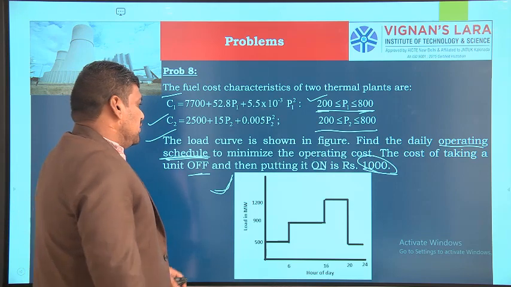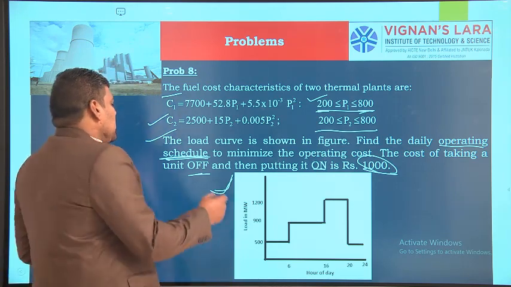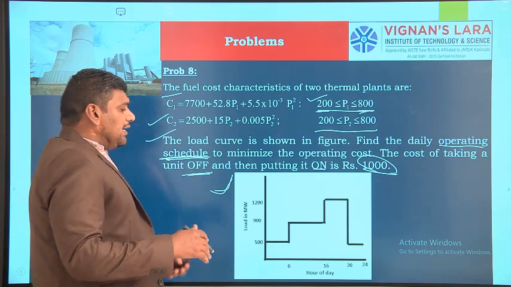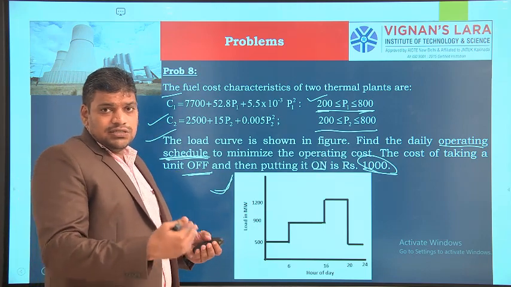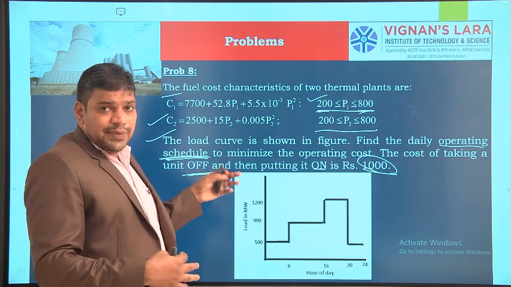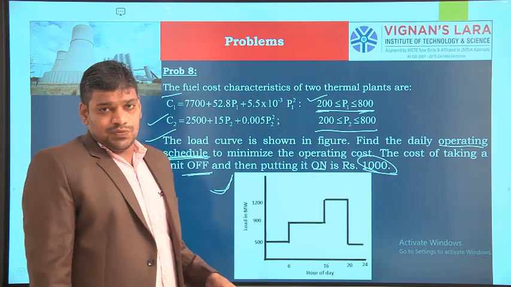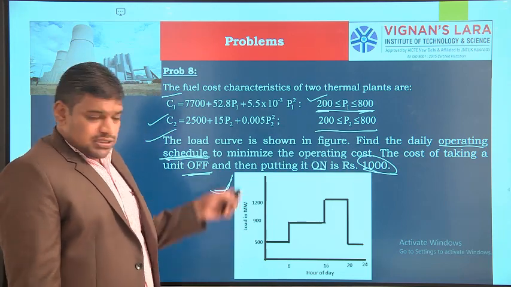Within this, while performing the scheduling, the cost of taking a unit off and then putting it on, that is, switching off the unit and bringing it back to on condition, will be 1000 rupees per unit. So this is the given data.